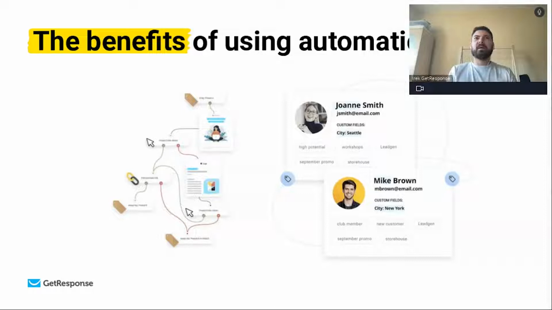But basically automation allows you to build a kind of relationship with your audience, and you can ask questions and you can get answers. So the cool thing is that if you use automation properly, you will be able to build a customer profile, right?